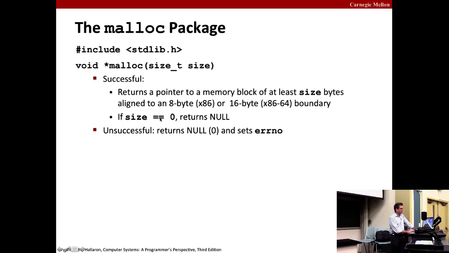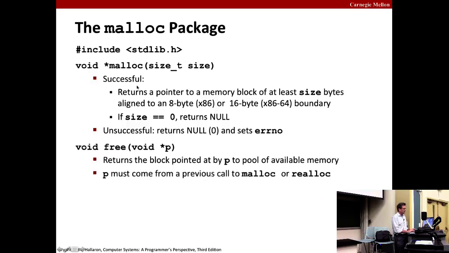If size is 0, it returns null, and then it returns -1, like most typical system calls. The programmer frees memory by calling the free function. It takes as an argument a pointer that was returned from some prior invocation of malloc, and it returns nothing. Given this pointer, it frees the block at that address, and then returns that block to the pool of available memory.